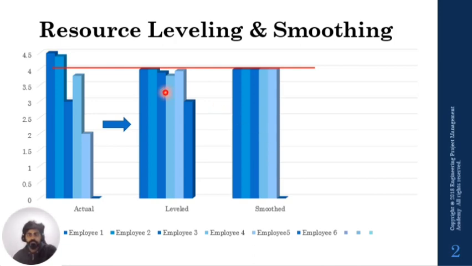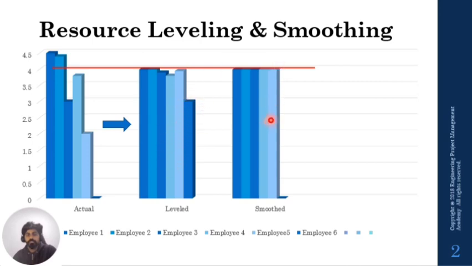Now some brief comparisons. Leveling is used when there is a shortage of resource availability, or a high constraint on the resource. If you want to cut the overload and you have an additional resource, you use leveling, and you also overrun the timeline.